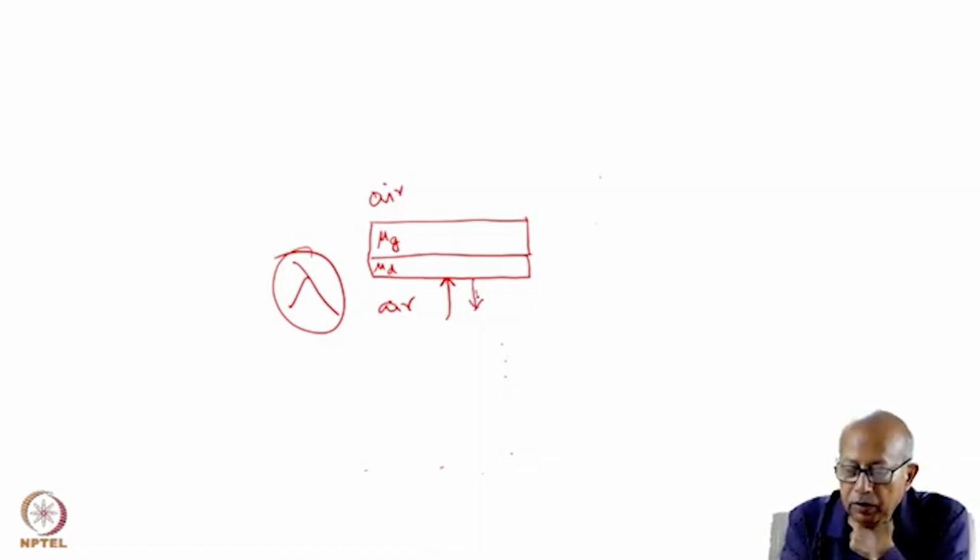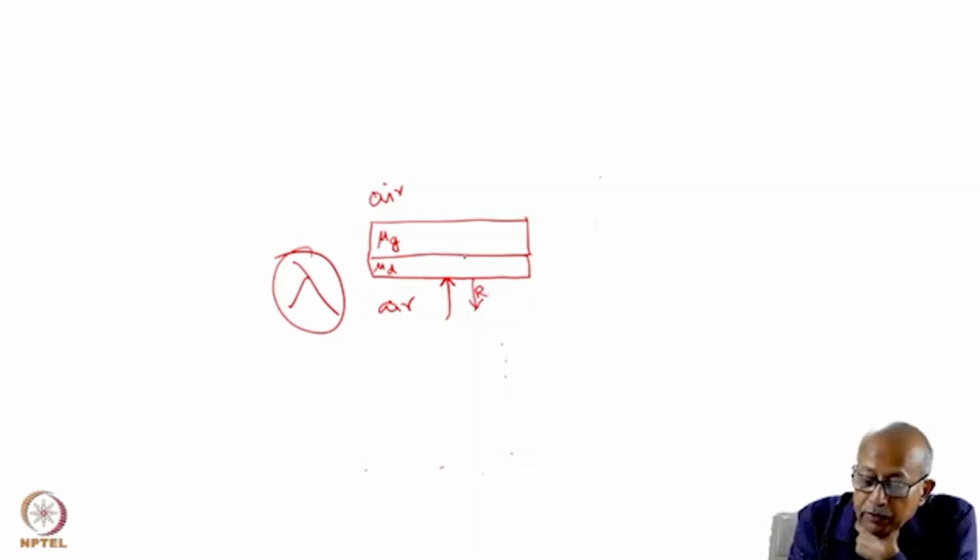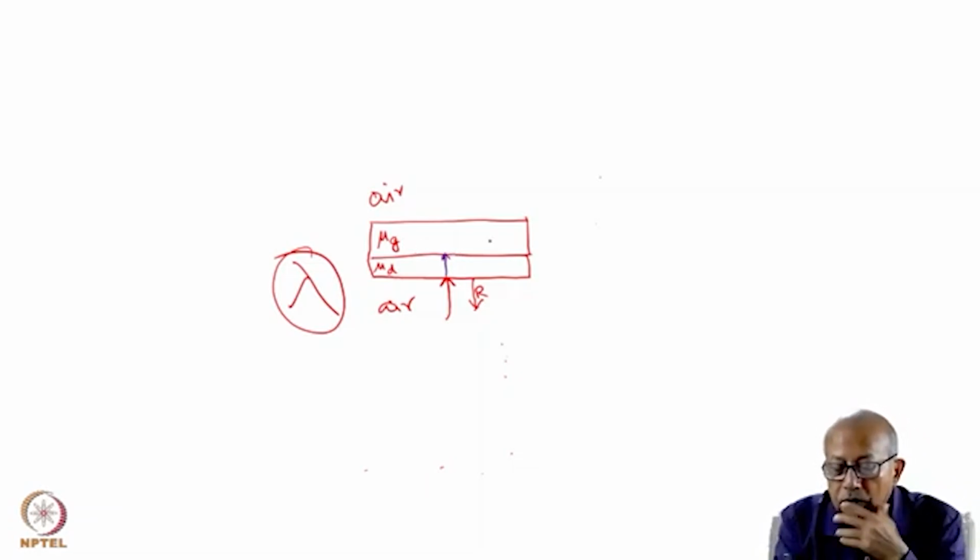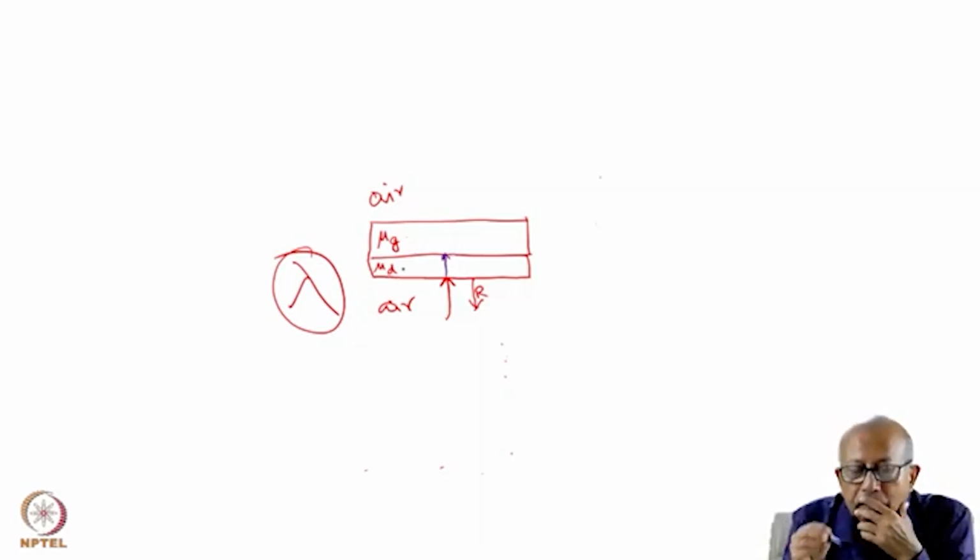This is the reflected component. The rest of the light goes in as transmitted light, and then it falls on the interface between glass and the dielectric. The first interface was between air and the dielectric. So from here again, a fraction of light will be reflected.